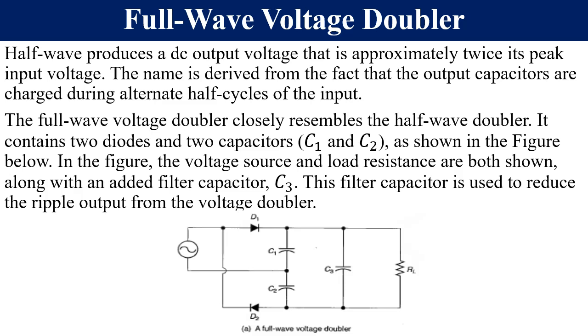If you have a look at how D1 and D2 are connected, and also how C1 and C2 are connected, the only differentiating factor is C3 that has been added, and C3 is connected to the voltage across C1 and also to the voltage across C2, meaning that the voltage across C1 plus the voltage across C2 play a very important factor in producing a full-wave voltage doubler.